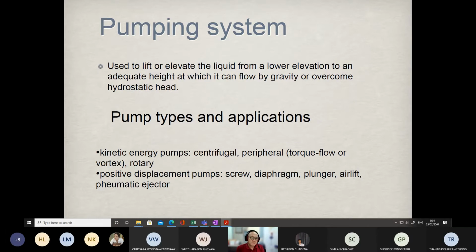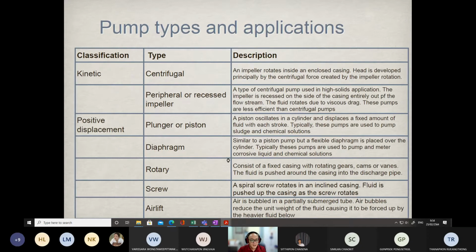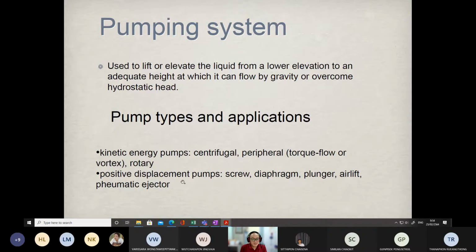Other pumps which belong to this group, for example, are the peripheral or vortex pumps, and rotary pumps. These are also a kind of kinetic energy pump. You will see the photographs in the next slide. And the second type of pump is the positive displacement pump.